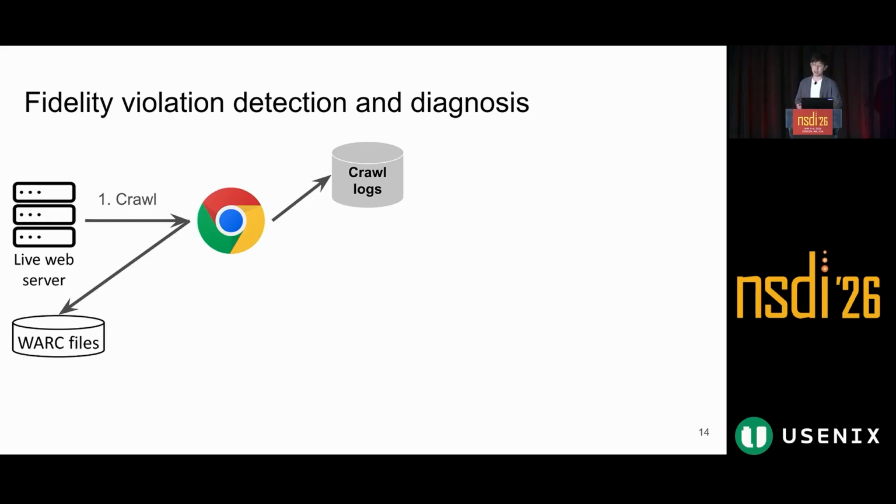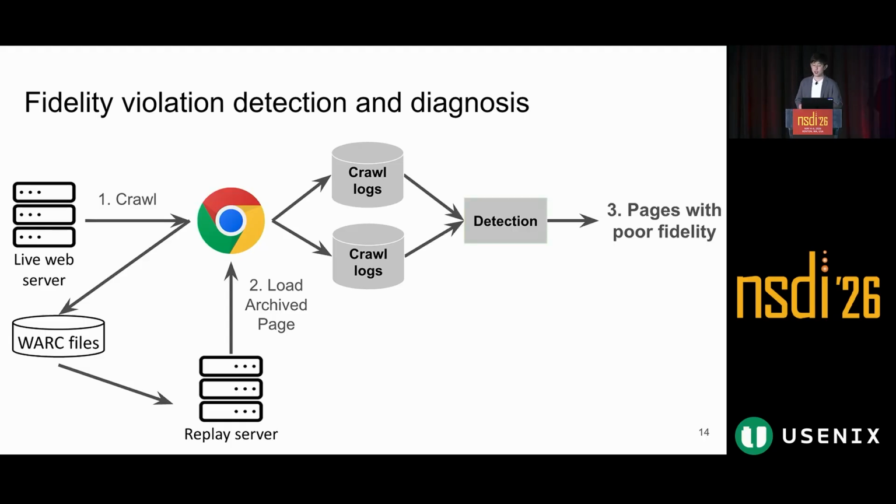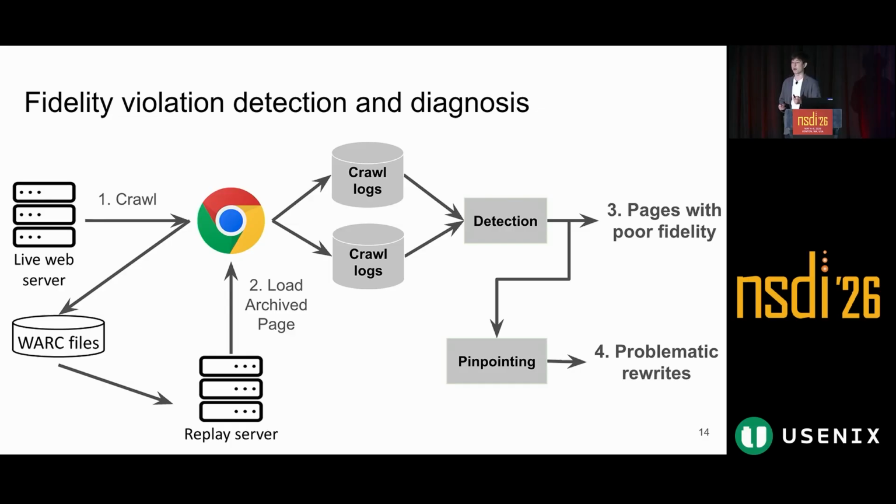It also needs to gather the same set of things from the archive copy. It needs to compile them into WARC files, upload them to the replay server, and then it can load the archive copy to gather the same logs for the archive copies. Then it will compare these two logs head to head to see if the page has any fidelity problems. If it does, it will notify developers to pinpoint where exactly the problematic rewrites are.